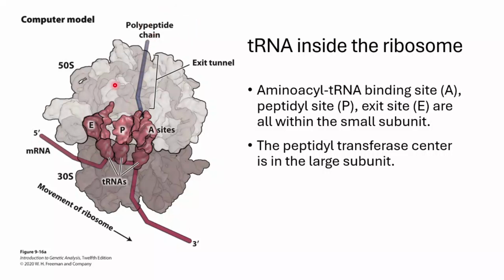So the tRNA will enter here, will leave from here, and while it's passing through, it will add to the polypeptide chain. Okay, it enters by the A and then leaves by the E. Okay, and every time it will come here, it will use its anticodon, which is the opposite of the codon from the mRNA, and recognize it here, and then bring the amino acid here. Okay.